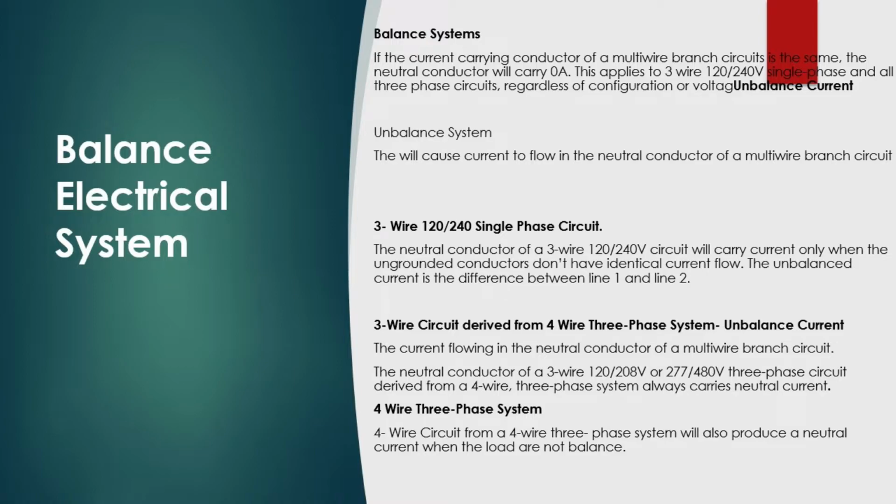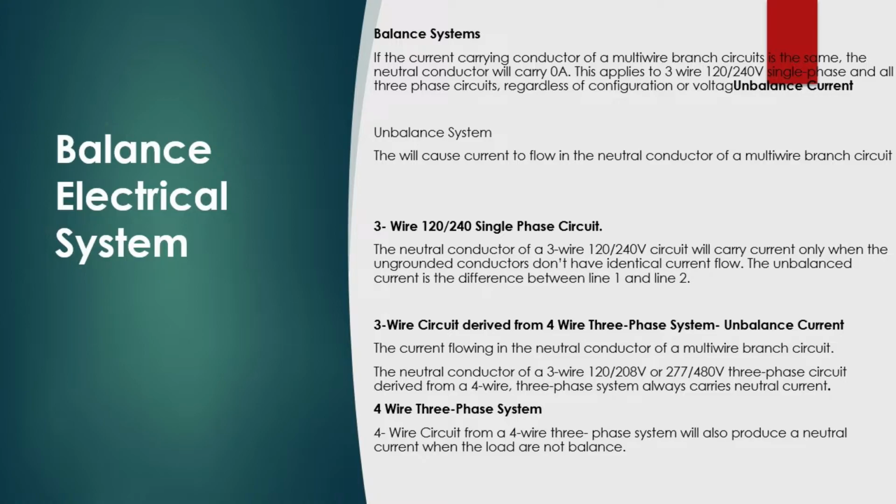So the critical thing that we try to achieve from balancing is to prevent current from flowing into the neutral. We would say it's impossible to avoid that kind of situation because of the non-ideal conditions of most electrical systems.